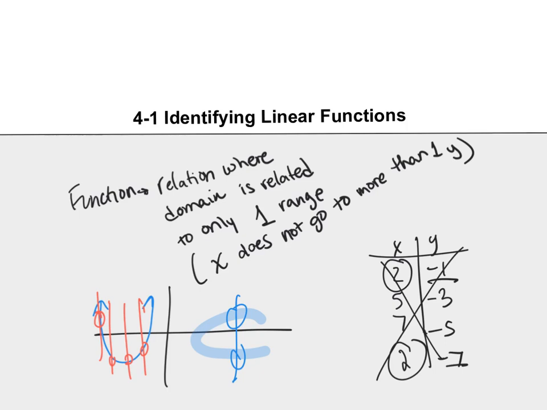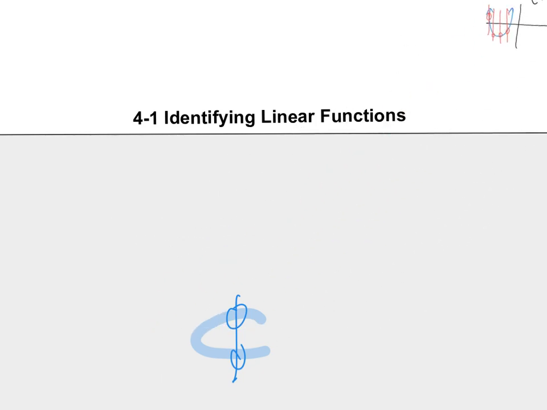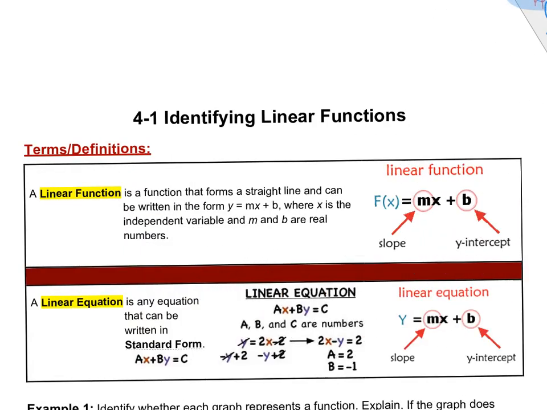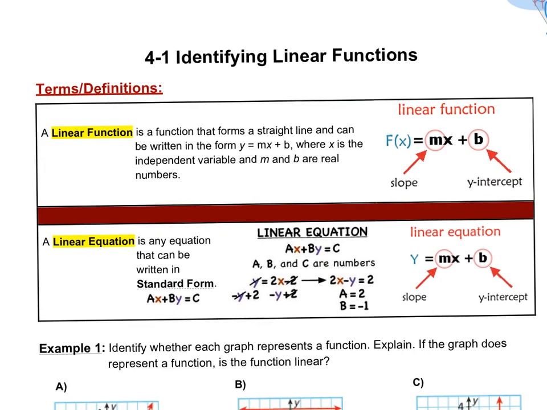So with that, if we are looking to see if things are linear functions, then what we're looking to confirm, as we discussed in the last unit, is if the function creates a straight line.